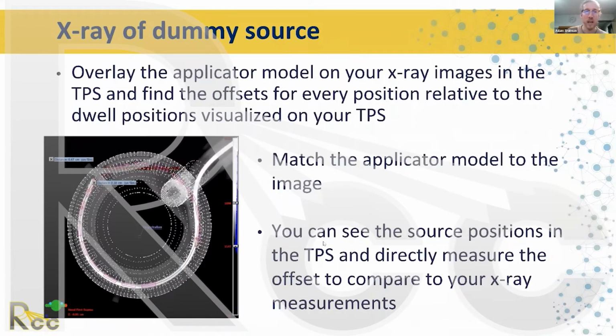And so for me, I would be able to take measurements, and from the end of my dummy source, you could move 1.5 millimeters and then find where the purple TPS source is, find where that center is, and then you could find the difference between those two, and that would be your difference in position, just like we did in autoradiographs. Again, you're looking for position of the active source versus position of the source on the TPS and what that difference is. And this is how you would do it with the dummy.